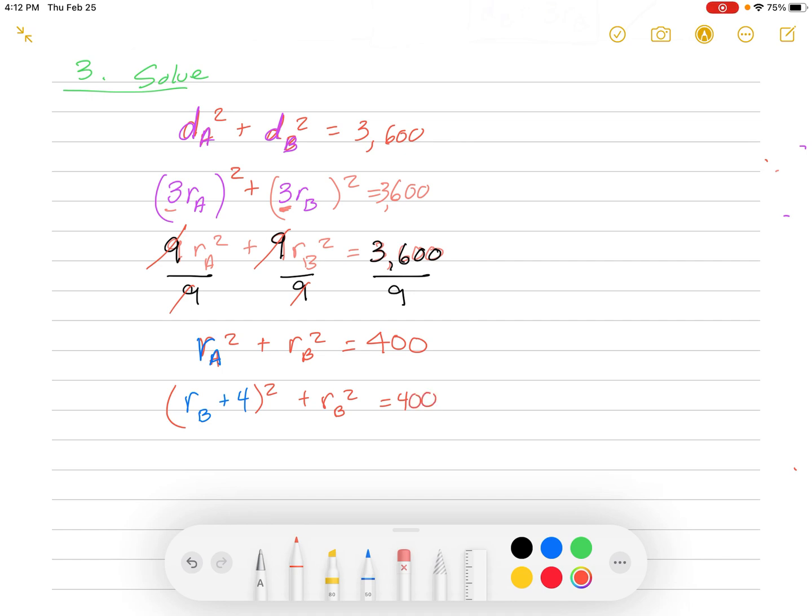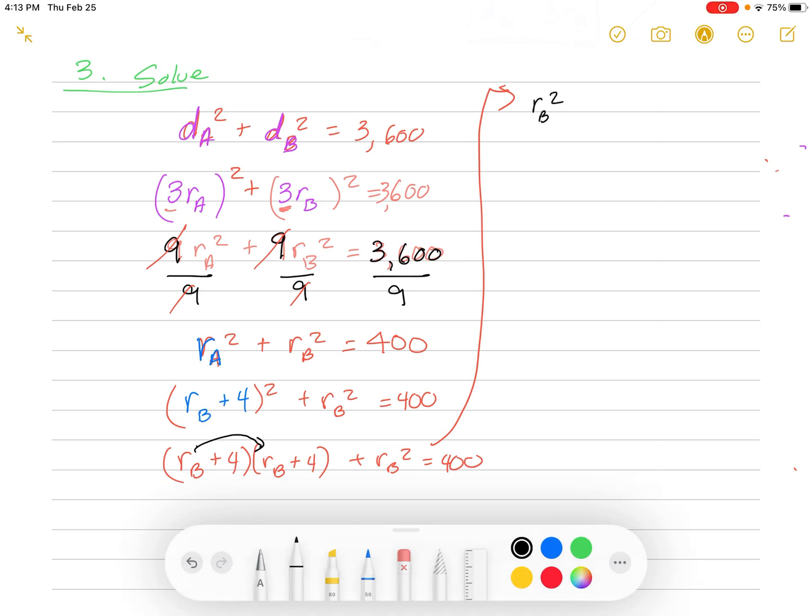So now I've got this all in terms of one variable. Let's go ahead and simplify this out. What does it mean to square RB plus 4? That means I'm going to take RB plus 4 times RB plus 4, and then I'm going to have plus RB squared equals 400. Let's go ahead and FOIL a little bit. RB times RB is RB squared.